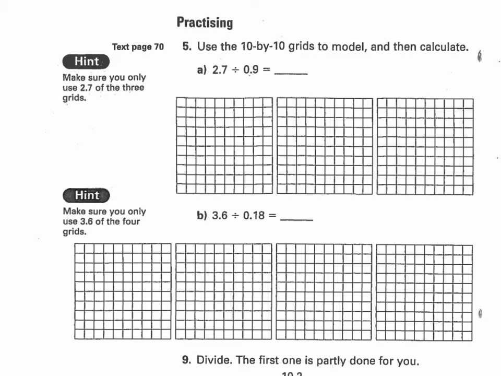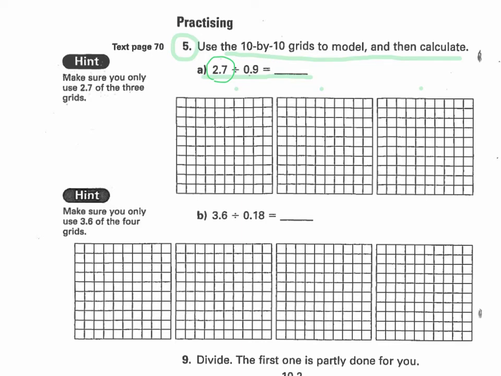Let's do this one together. Number 5. Use the 10 by 10 grids to model and then calculate. We're going to have 2.7 divided by 0.9. You will notice there are 3 grids, but the number is not 3. It's only 2.7. So I'm going to block off some rows.